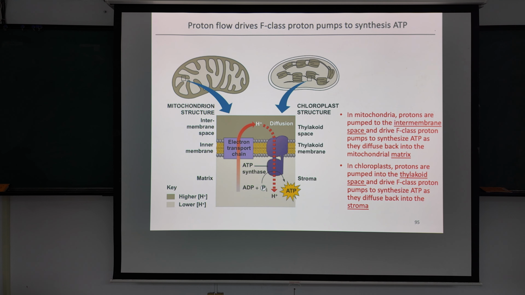So those ATP synthases, you can find them in many places, but they are mainly localized to the mitochondria and the chloroplast in plant cells.